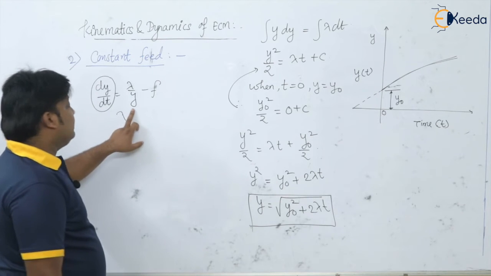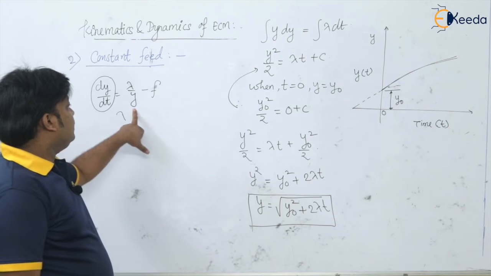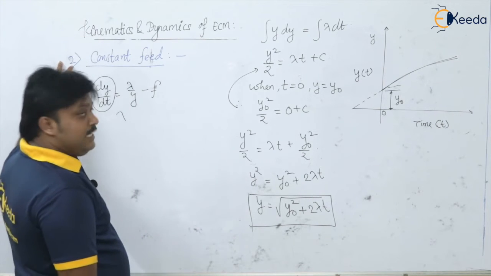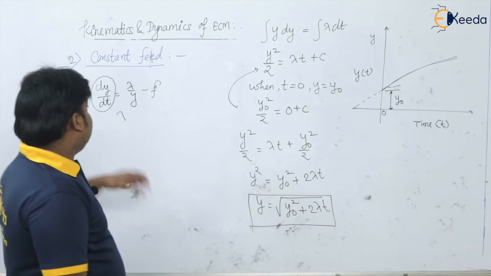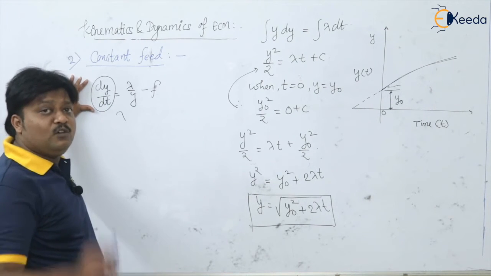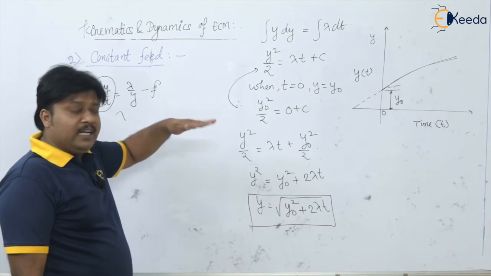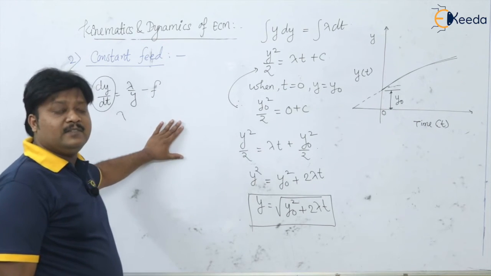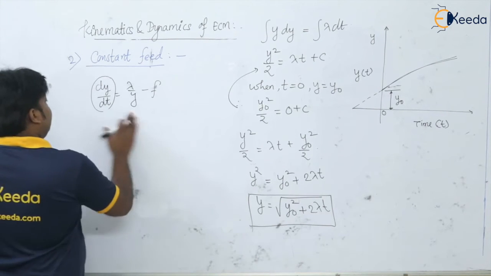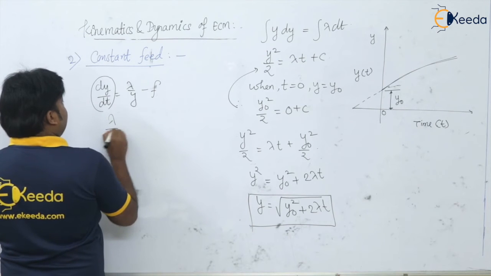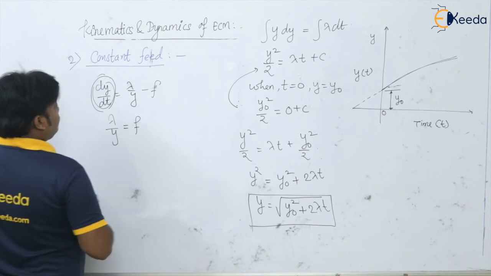So this y will be replaced by ye, that is the equilibrium distance between the two electrodes, which is always constant. Whatever material is removed, the gap is adjusted immediately, isn't it? So here, because this is 0, lambda by y is equal to f.